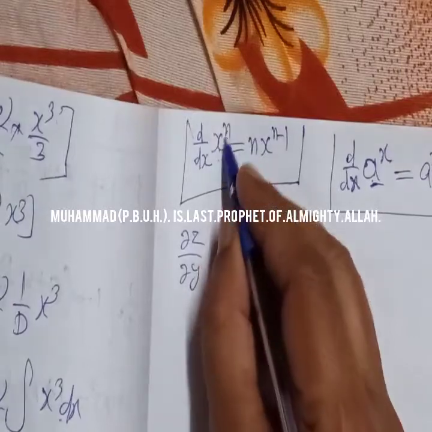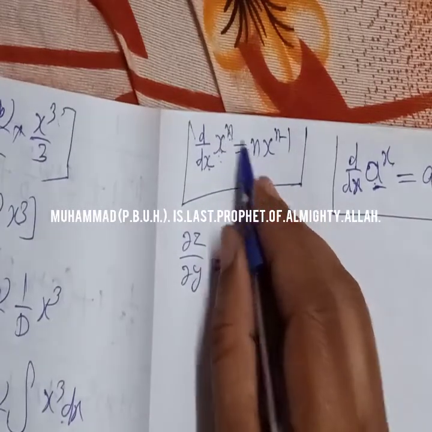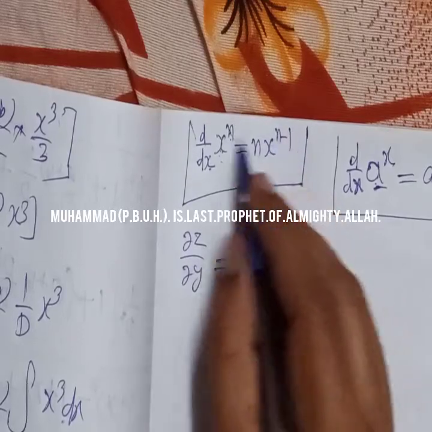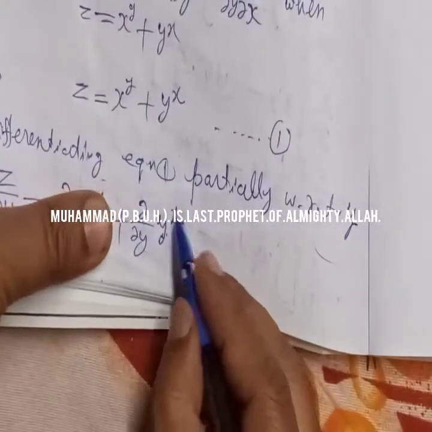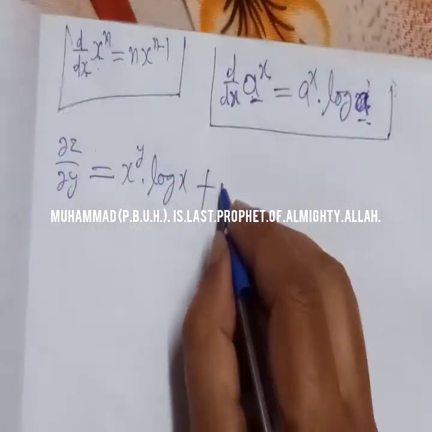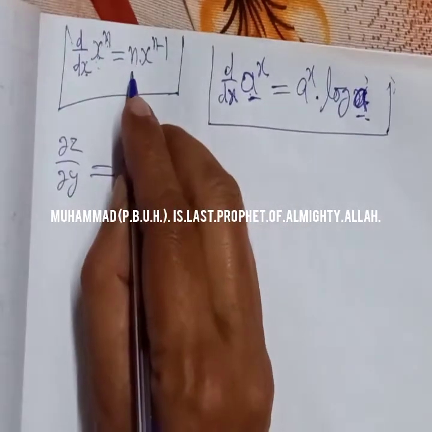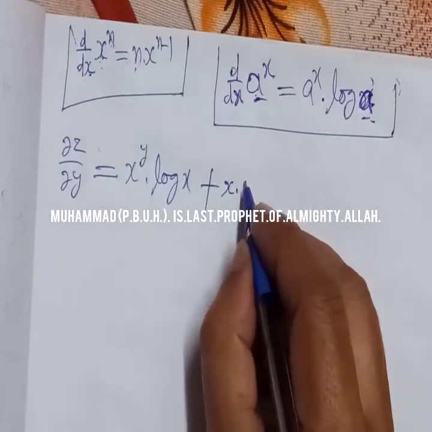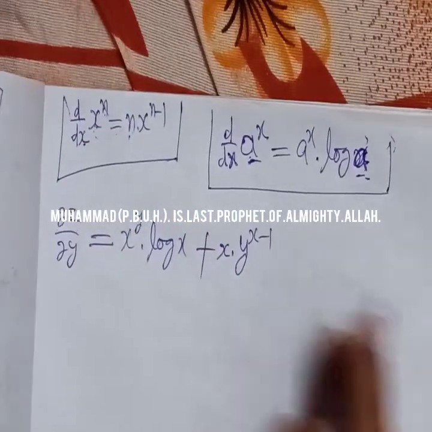Here x is variable, so this power is here and power will reduce by 1. So I also apply this formula here. So x, which is power of y, which will multiply like n, and y to the power x minus 1 according to this formula.